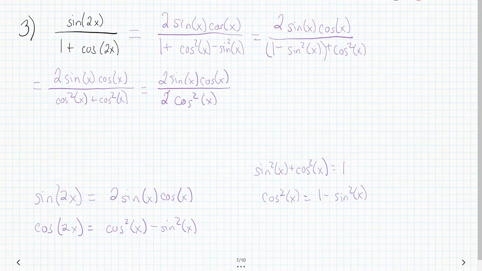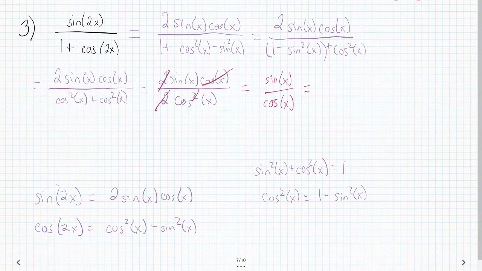So that's a lot of work, but now we can cross off the 2's. And what seemed like something very simple with just 2 trig functions, how are we going to get it down to 1? We seem to be getting more and more complicated, but this cosine of x will cross off that square, and what we're left with is just sine of x over cosine of x.